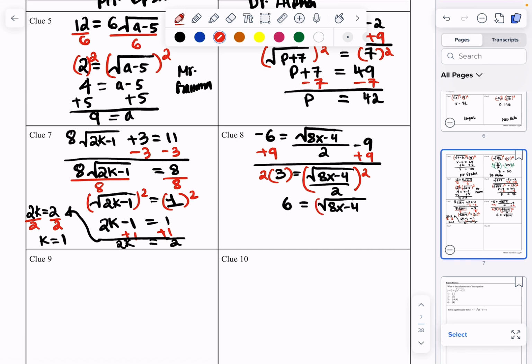Then we square on both. Oh, wait, no, that was fine. We multiplied by 2 earlier. Okay, I'm going to write that as 2 over 1, so it doesn't look like an exponent of 2. Now we are squaring on both sides, which equals 36 is equal to 8x minus 4.